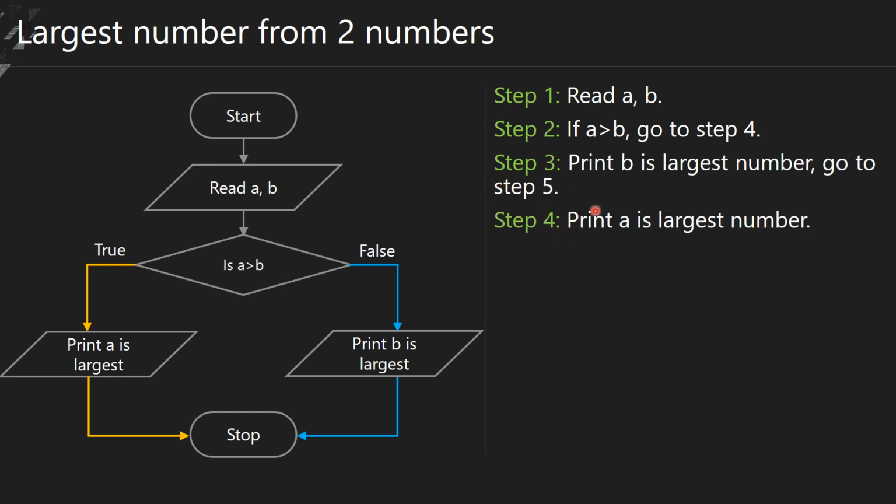Step 5 is you have to stop it. Look at this. Both are more or less similar, but it is a little difficult to write the algorithm. The flowchart is very easy. So I hope you understand this problem as well.